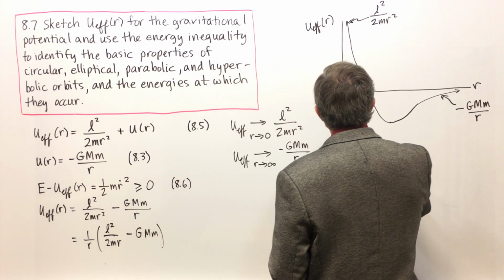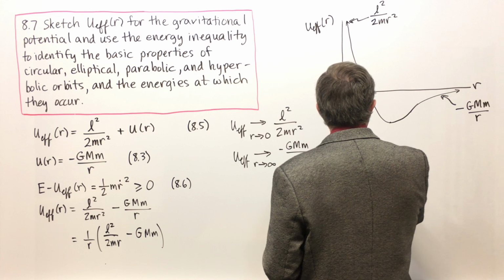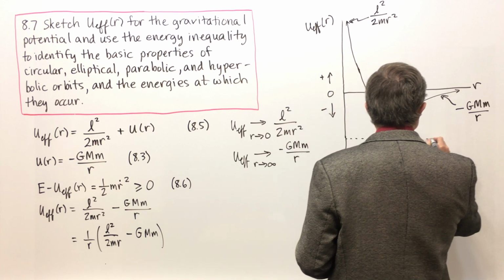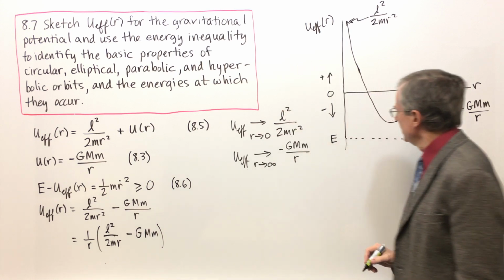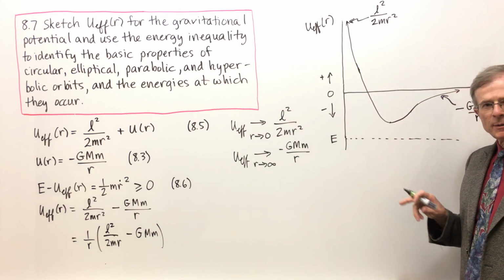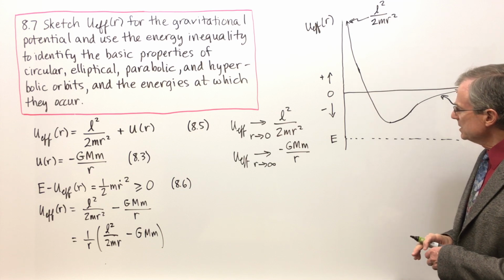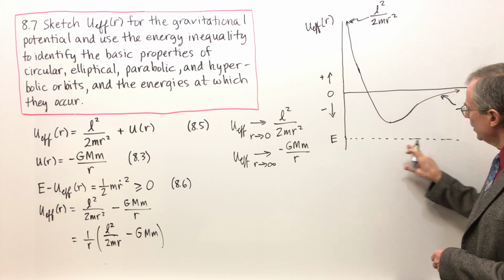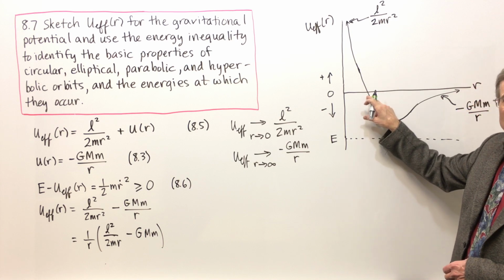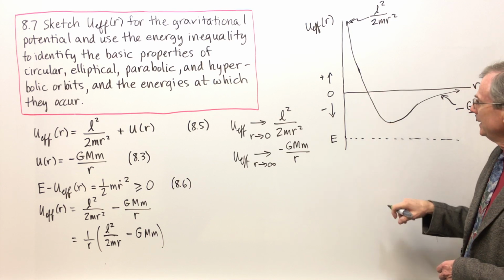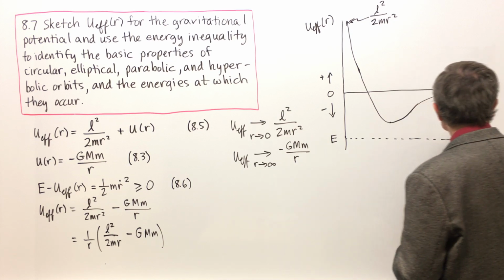So what if we choose an energy value that's lower than this minimum? You might say, well, everywhere along here, E is less than U effective. And so this is not possible.